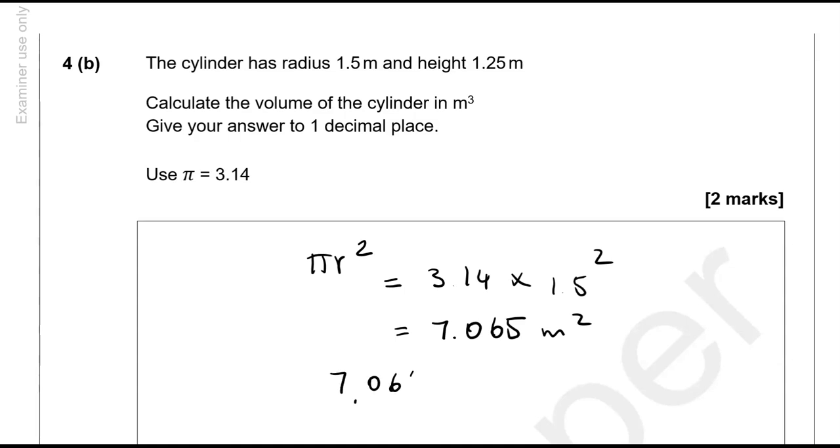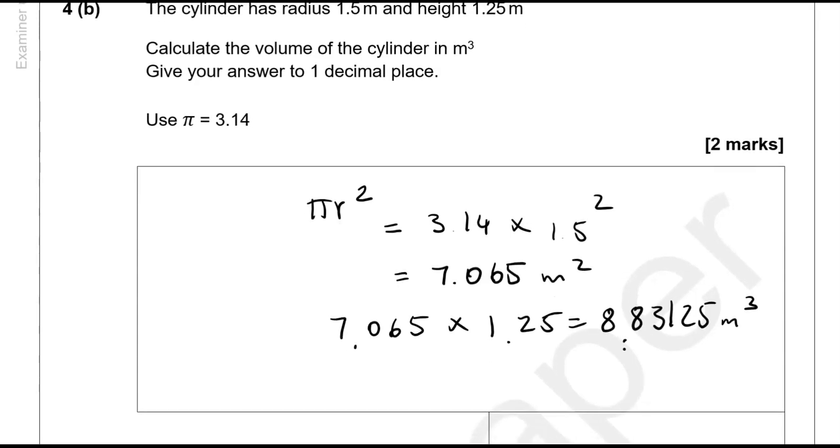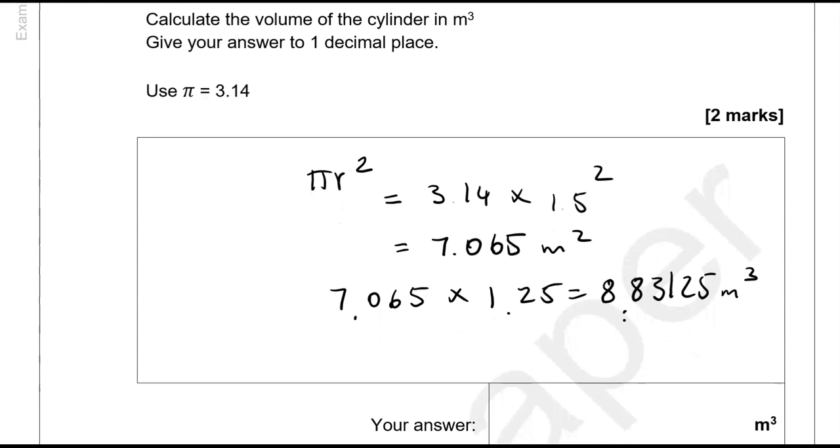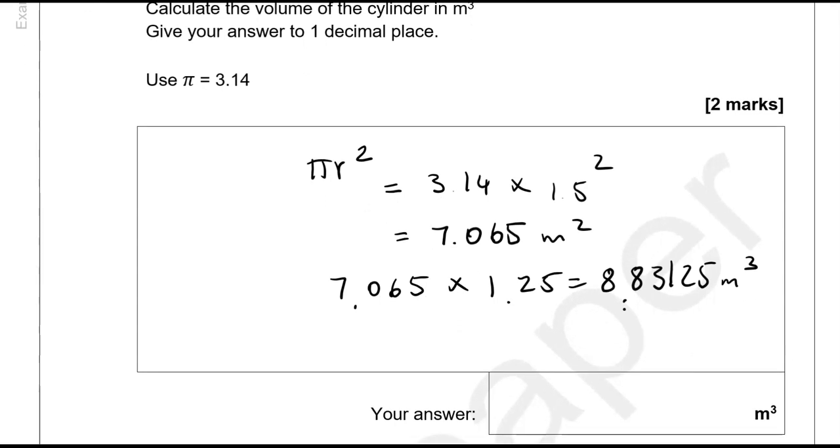Now we're going to multiply this by the height. So 7.065 times 1.25 gives us 8.83125 cubic meters, but we've got to write the answer as rounded to one decimal place.